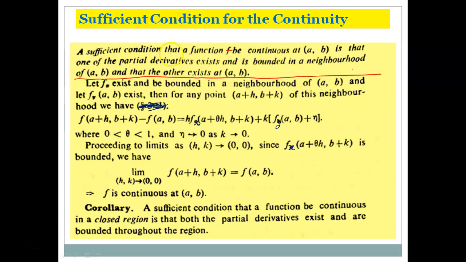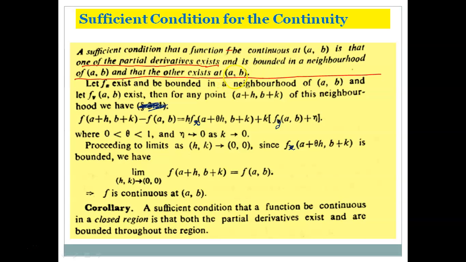A sufficient condition that a function f of two variables be continuous at a point (a, b) is that one of the partial derivatives exists and is bounded in a neighborhood of (a, b) and the other exists at the point (a, b).